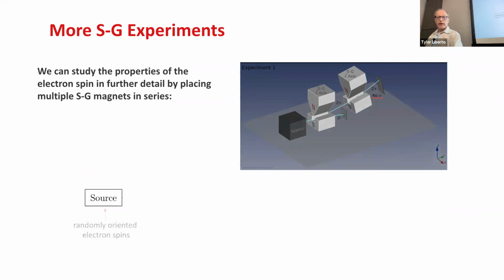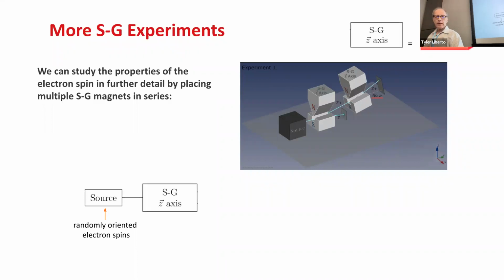And that looks like that I first have a source that is here in black on this picture with randomly oriented electron spins. Then I have a magnet which deflects in the z direction. In the next step, I dump the lower part, so the downward deflected beam.